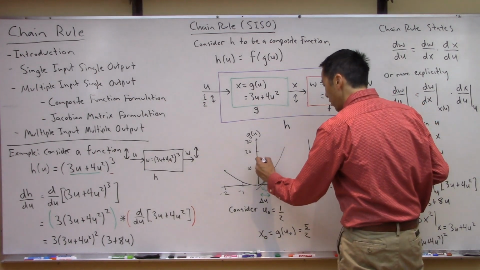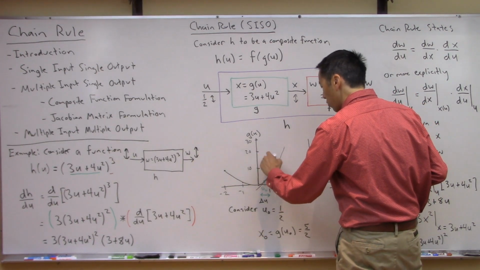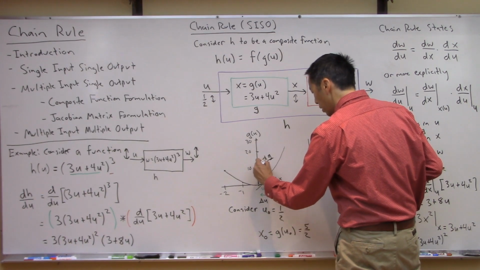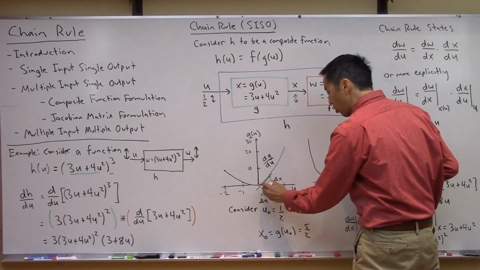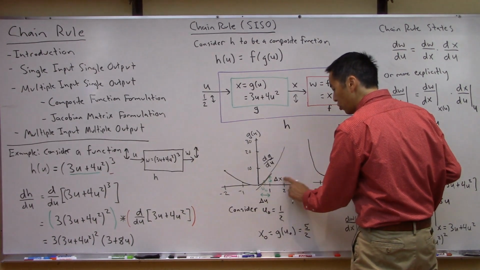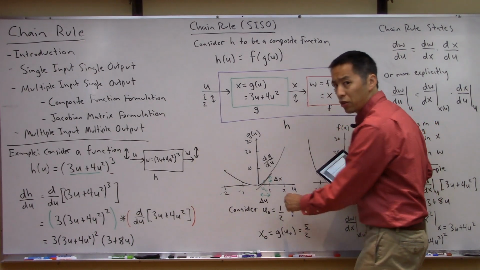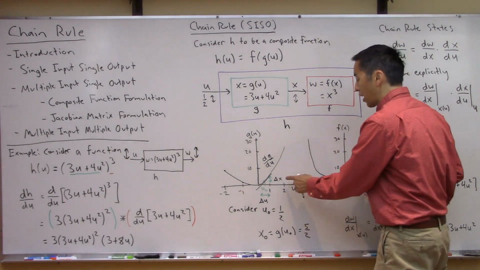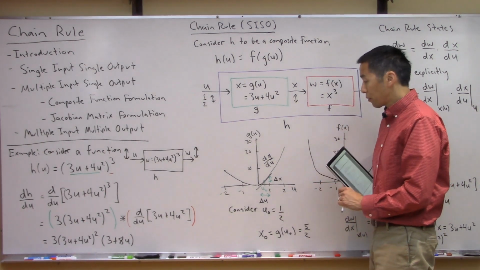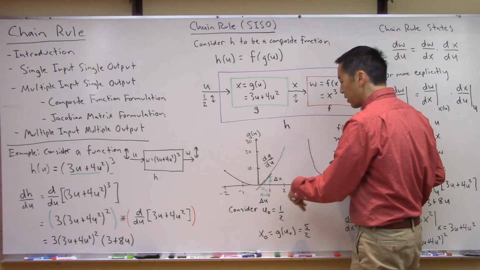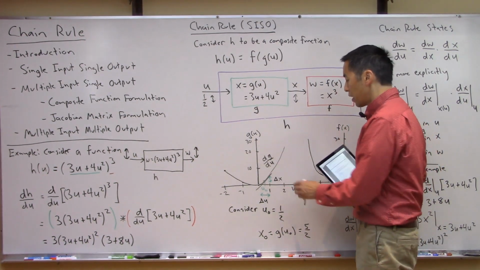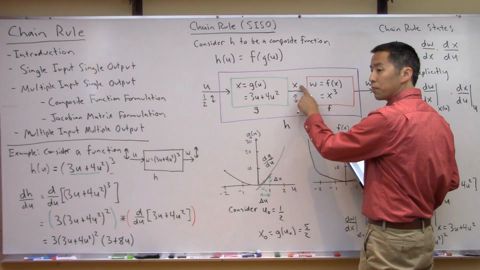So this derivative, dg/du, that's this slope right here, and that has something to do with how x changes with respect to u, right? That's all that derivative measures. It's a rise over run, okay? So if I know what the slope of g with respect to u is, this is going to help me in the future, because this is going to tell me how this x changes, okay?